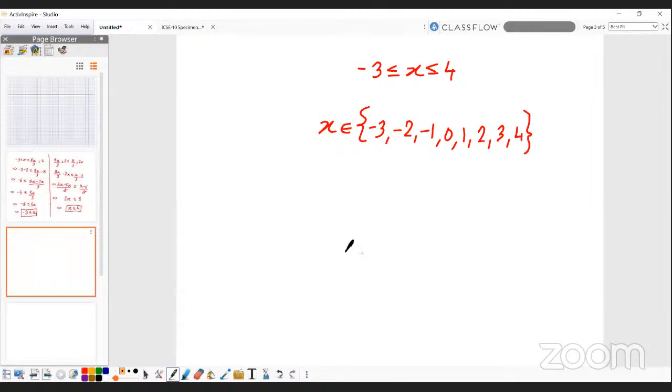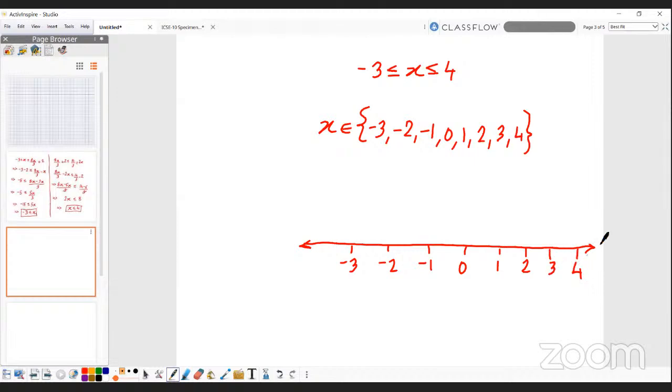Since we have to plot it on the number line, we can plot it minus 3, minus 2, minus 1, 0, 1, 2, 3, 4. Be very careful that it was given x is an integer. Only represent the integers as the solution. Don't shade the whole line, that will be wrong. Okay, so this is your required answer.